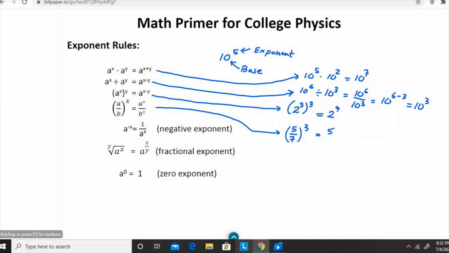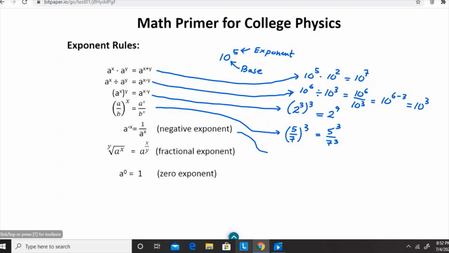So you have 5 raised to the power 3 divided by 7 raised to the power 3. And sometimes, you may be able to simplify this further, provided that this is one expression in a larger expression, or if it's not the case, you can simply use a calculator to find the numerical answer.